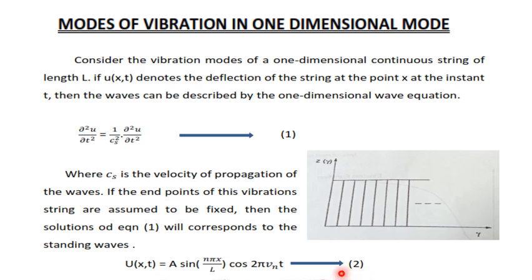That is, when a string vibrates with one end fixed, it corresponds to the standing wave equation u of x,t equals A sin n pi x by L cos 2 pi nu n t.